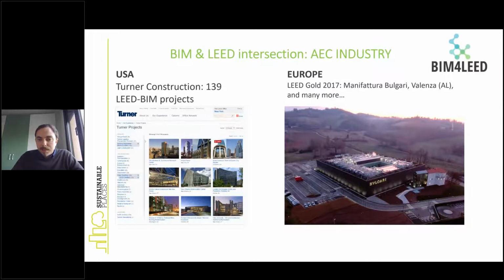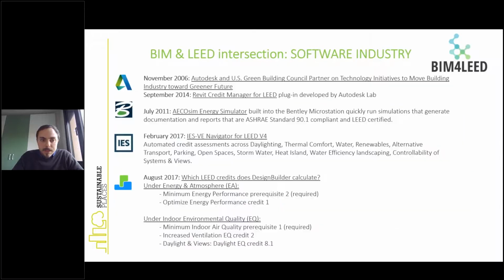In Europe there are different examples of BIM design projects certified in LEED, like the Bulgari factory in Valenza, from Open Project.